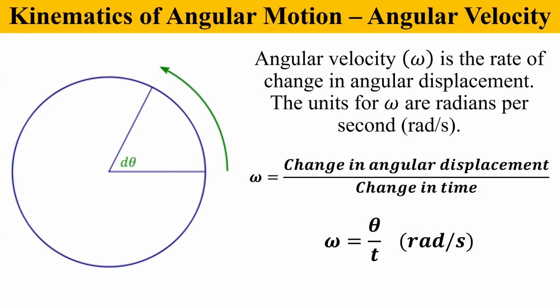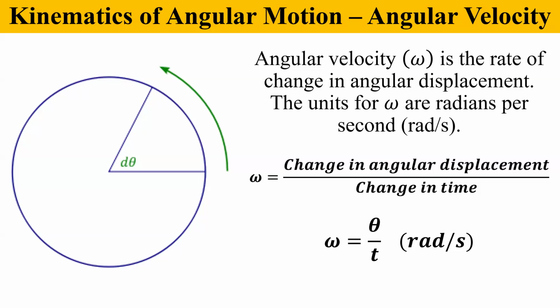So let's move it a little bit further. Now there's something called angular velocity, not linear velocity, and it is symbolized by omega. There's a parallel between it and the linear velocity, but this is a representation of velocity in circular or angular motion. It is the rate of change of angular displacement.